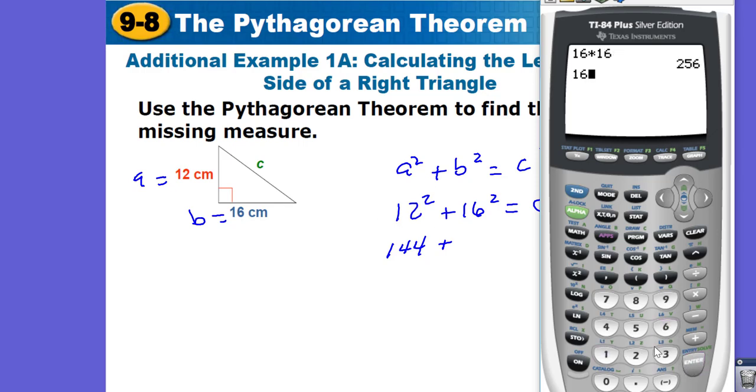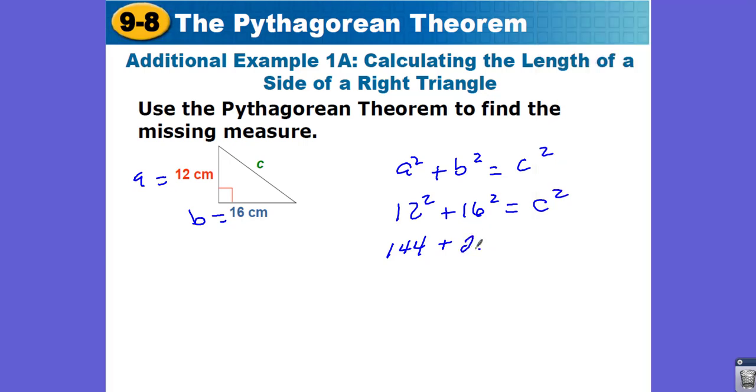Another way is to do 16 and hit the x squared button, and you get the same thing. The third way to do an exponent is using this key right here, called our exponent key. We hit that key and then hit the 2, and that will also give us 256. So there are three ways that you can evaluate a number squared.